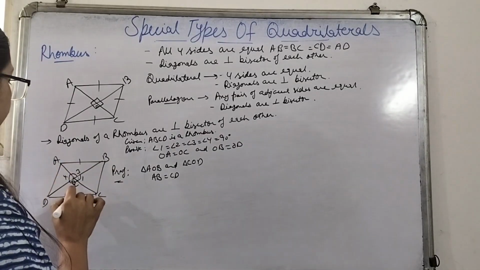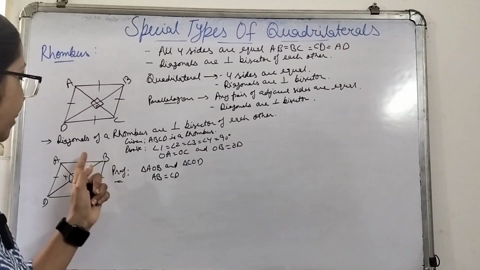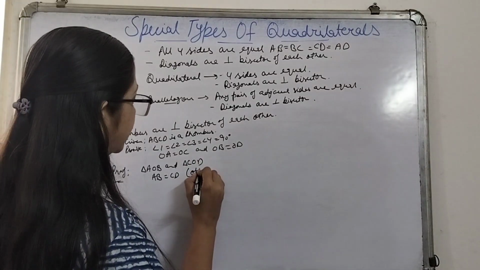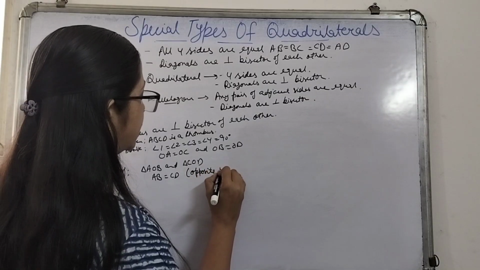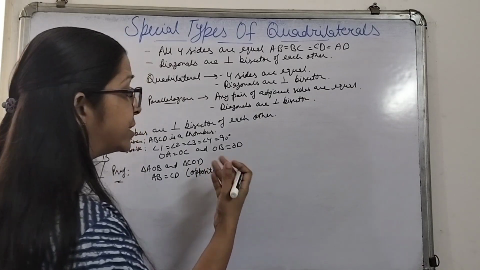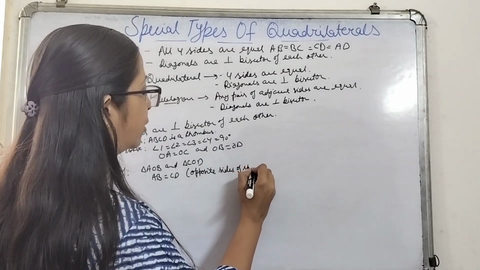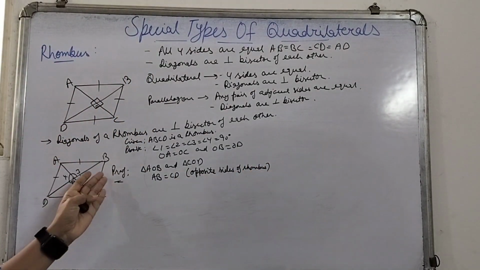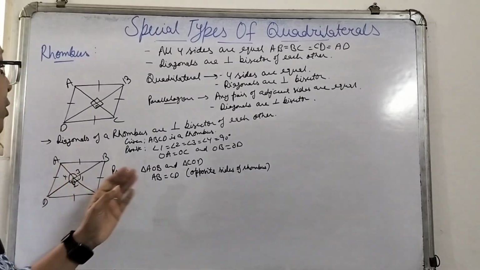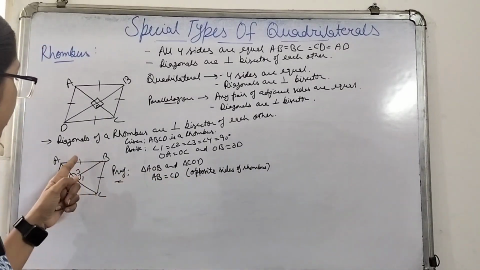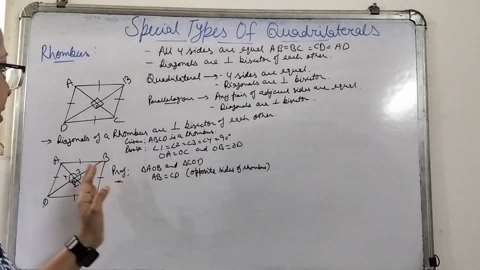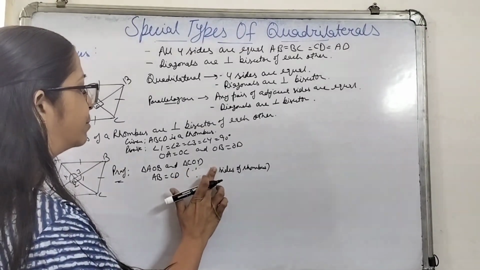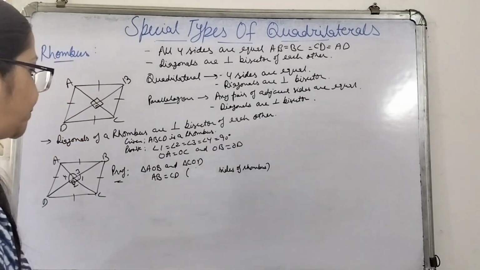That's the reason they will be equal. So AB is equivalent to CD because they are opposite sides, or we can say sides of a rhombus, because all the four sides of a rhombus are equal, so it doesn't make a difference whether it is opposite sides or adjacent sides. So we need not write opposite, simply sides of a rhombus will do.